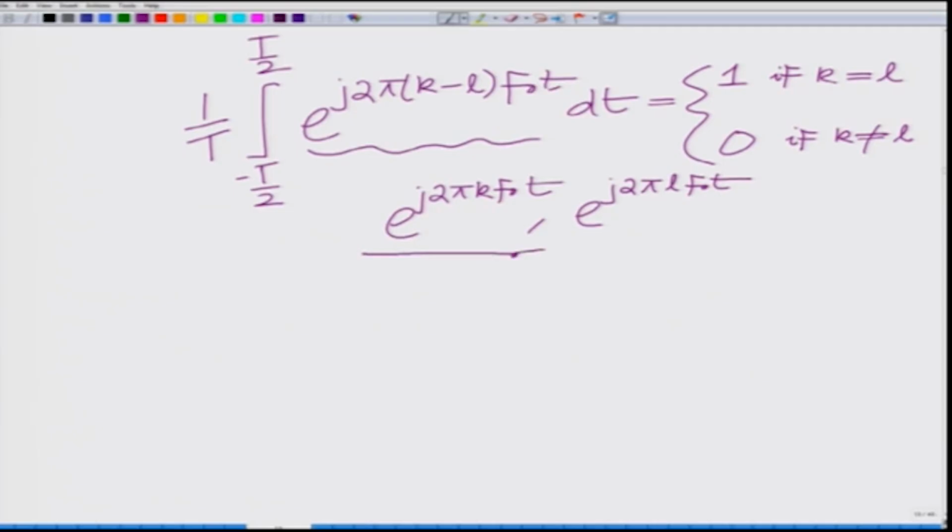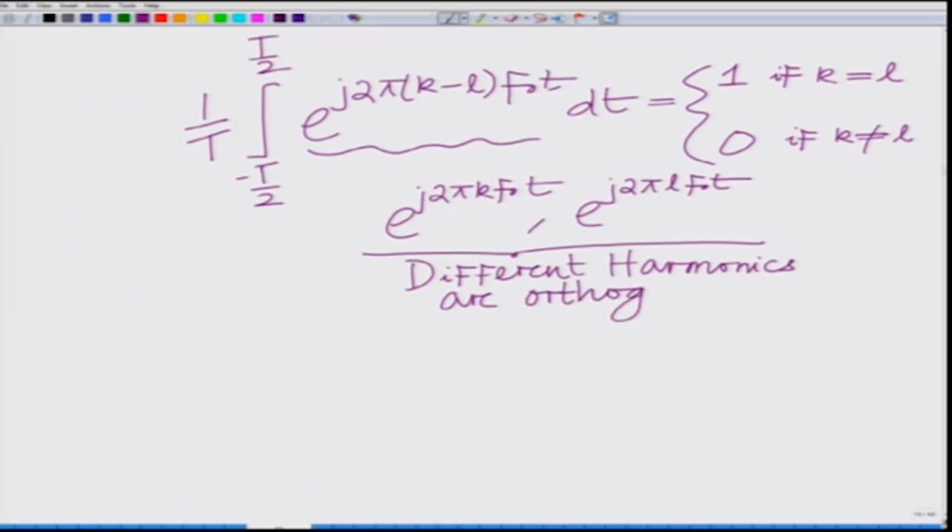The kth harmonic and the Lth harmonic, at different multiples of f naught, k f naught and L f naught, are orthogonal when k is not equal to L.